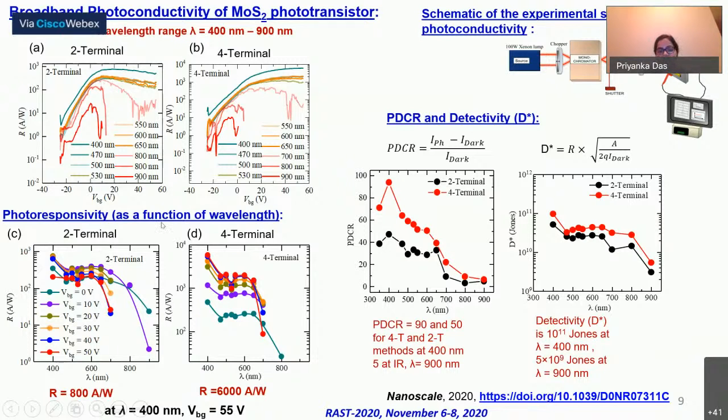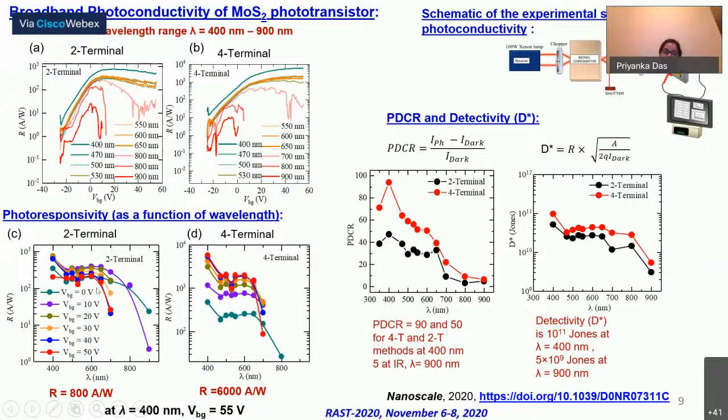And also to find the wavelength dependency, we plotted photoresponsivity as a function of wavelength at different backgate voltage. And from both the two terminal and four terminal measurements, we see that an order of magnitude higher responsivity is observed in the four terminal measurement compared to the two terminal one.